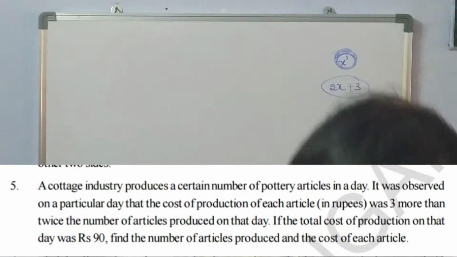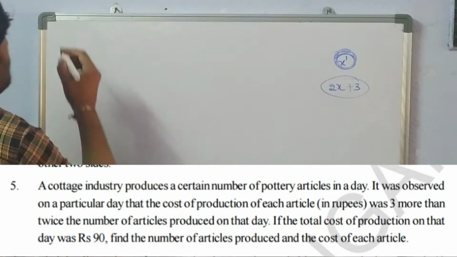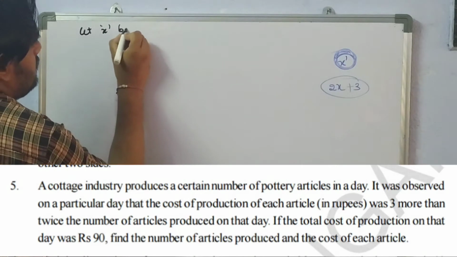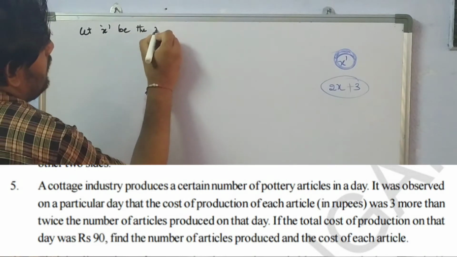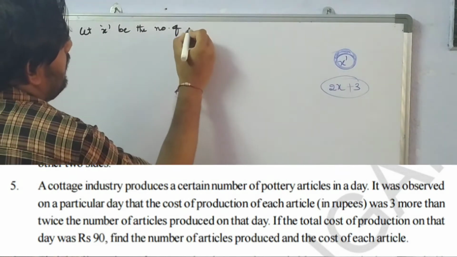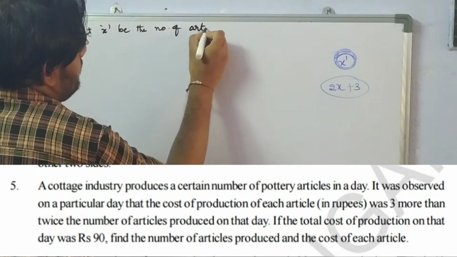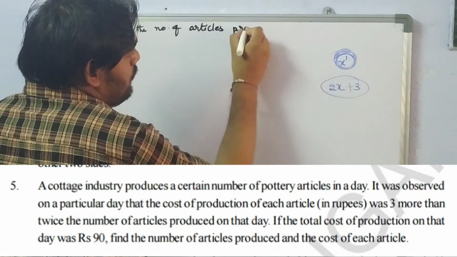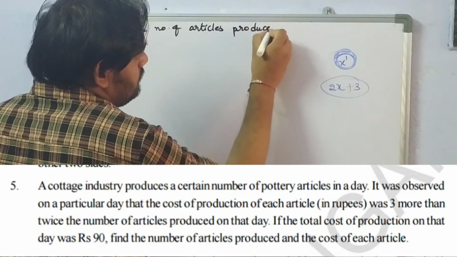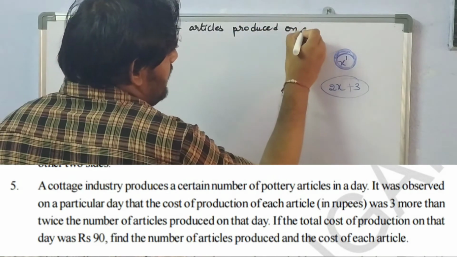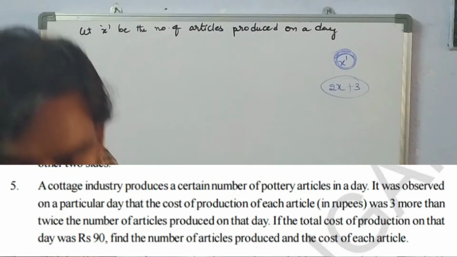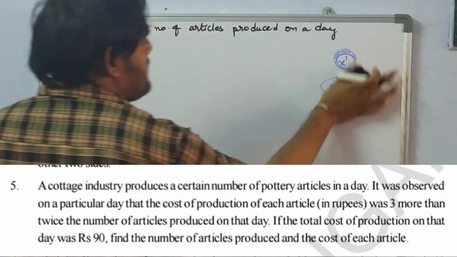Now, see here, in this problem, let x be the number of articles produced on a day. How many articles are produced on a day? x number of articles.